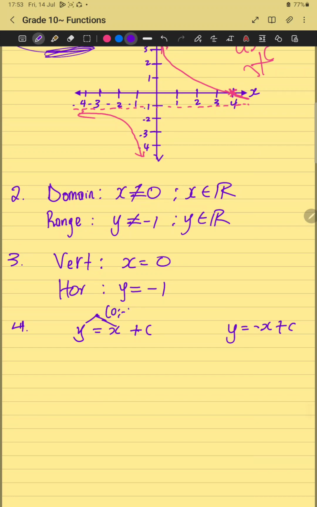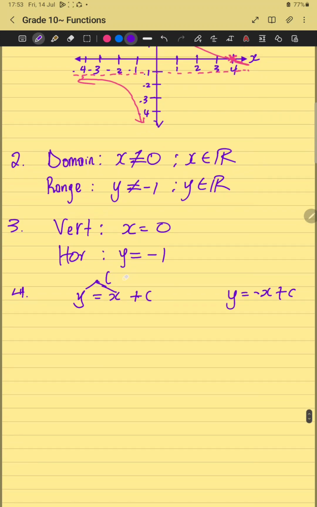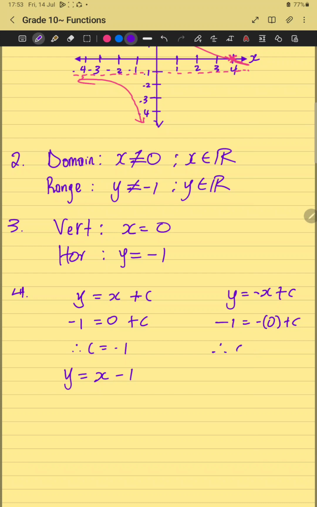Remember it is (0; -1), so we just substitute those x and y values here. So it's going to be -1 equals 0 plus c. Therefore c is equal to -1. Therefore the first equation is y equals x minus 1. And then we do the same here: -1 equals negative times 0 plus c. Therefore c is also -1. Therefore the equation is y equals -x minus 1.